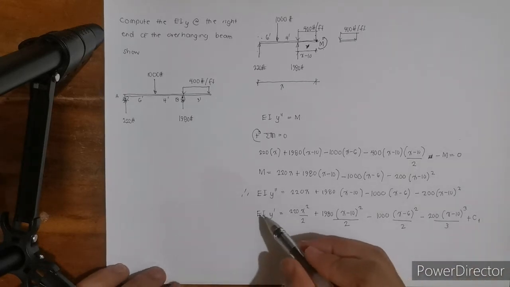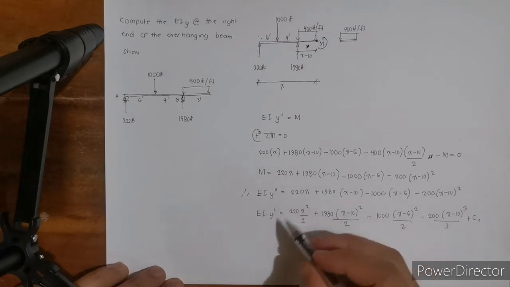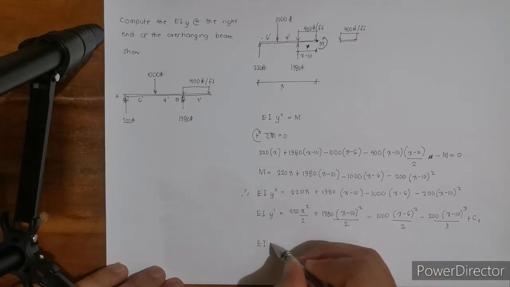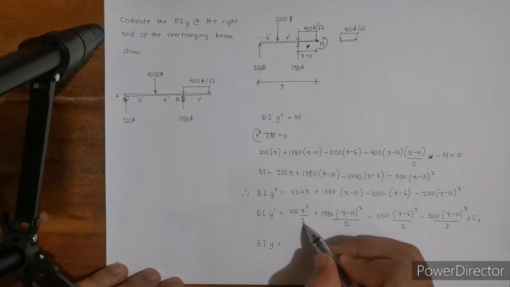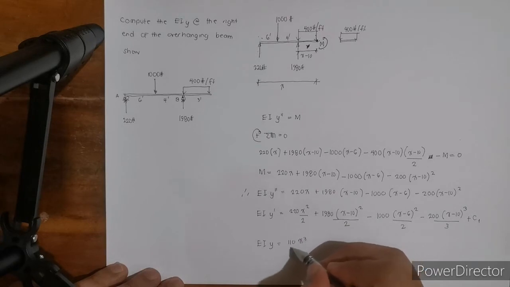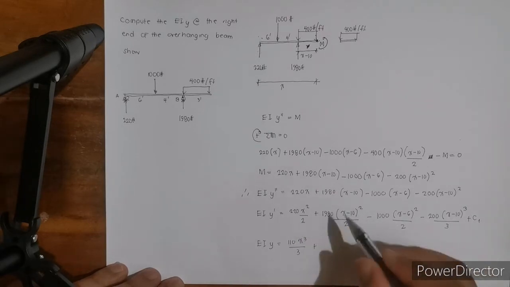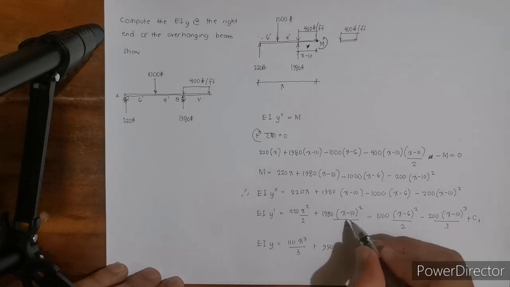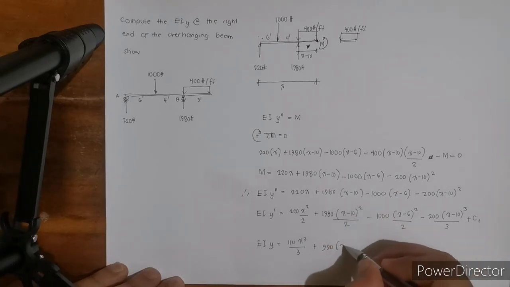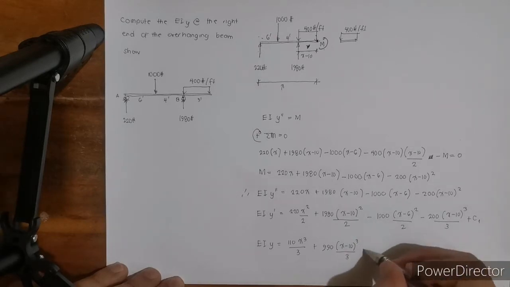Okay. Pangalawang integration, integrate both sides. EI, magiging y na siya. So that is 220, 110 na lang yun. Integrating x squared, x cubed over 3 plus 1980 divided by 2, 990. Integrating x minus 10 squared, x minus 10 raised to 3 over 3 minus 500 na lang yan.